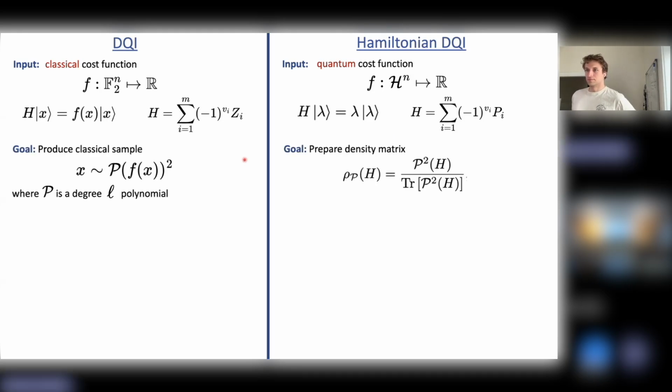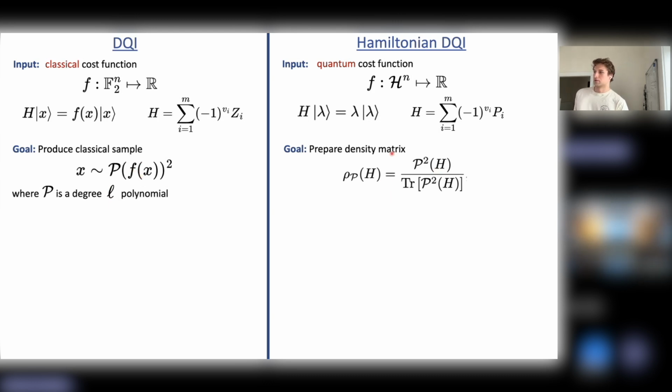So in DQI, as I've said, the goal is to prepare a sample from this classical probability distribution that scales like the square of some degree L polynomial in f of x.